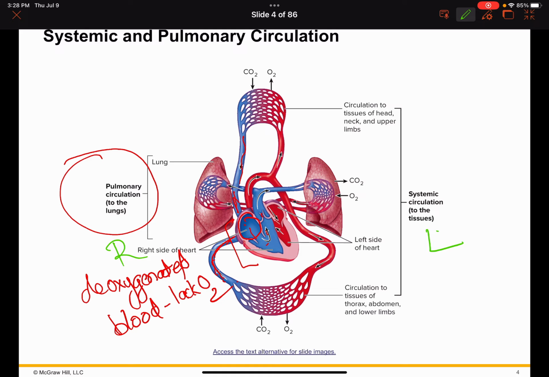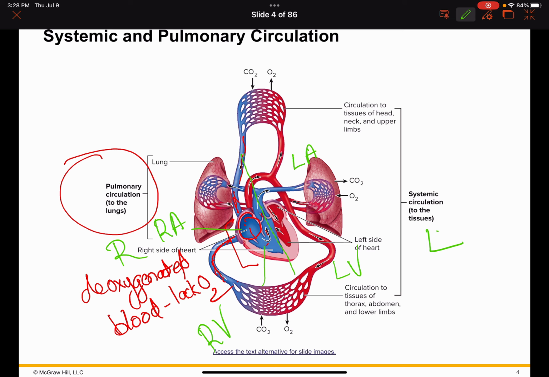On the right side you can see deoxygenated blood, and this is also the right atrium. So this side is going to be left, and the left ventricle. We're going to go into detail on that later too.